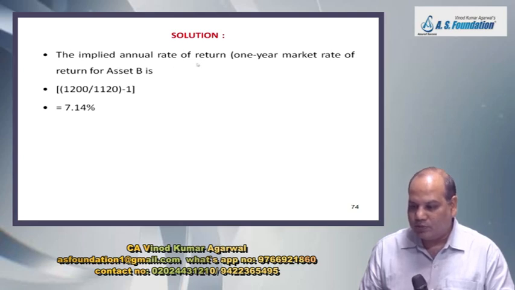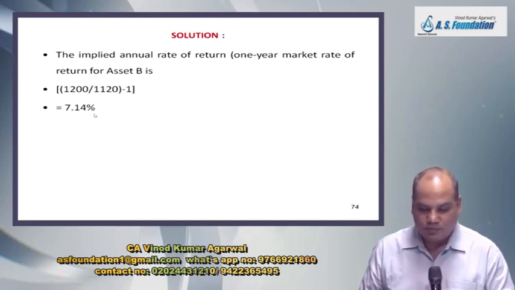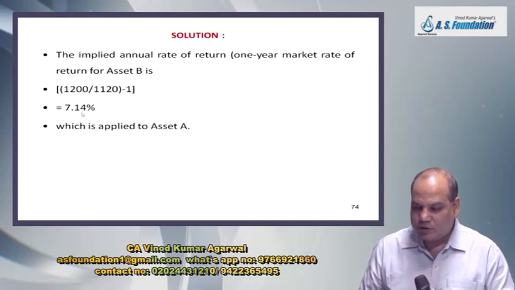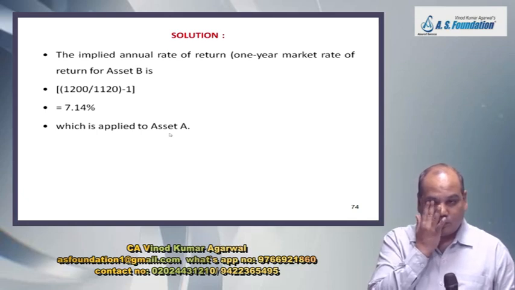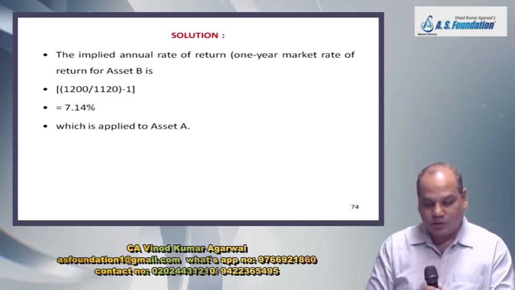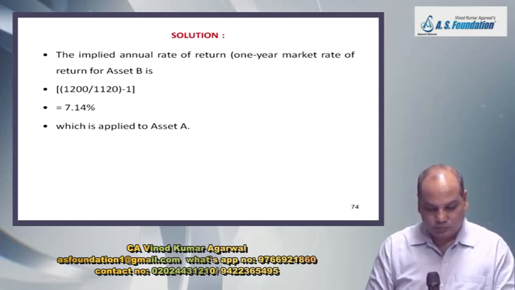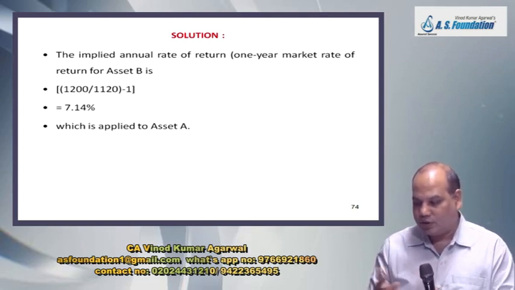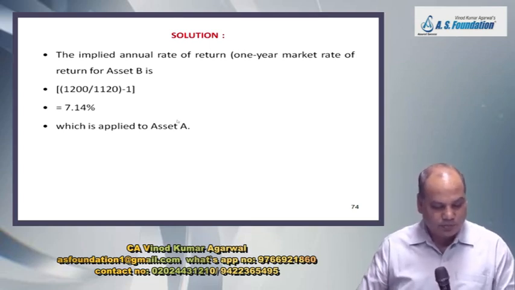This is your implied annual rate of return for asset B. The implied annual rate of return for asset B is 7.14%. And then I will say the same rate is applied to asset A, because there is no other information.